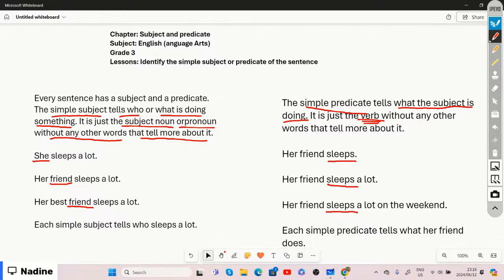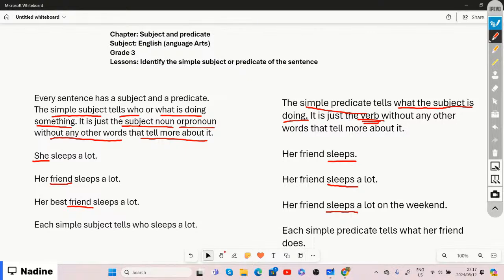And when it comes to the simple predicate, then each simple predicate tells us what the friend does. And in this case, the friend sleeps. And what you've noticed is that when it comes to a subject and a predicate, right?